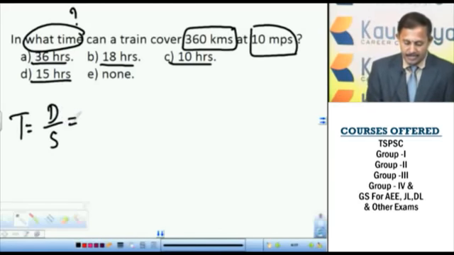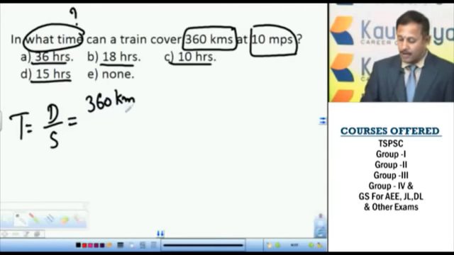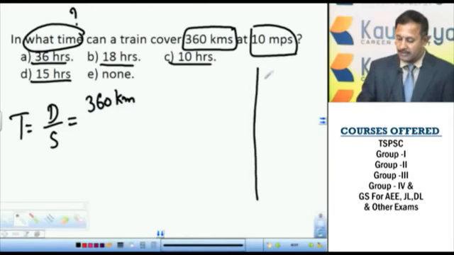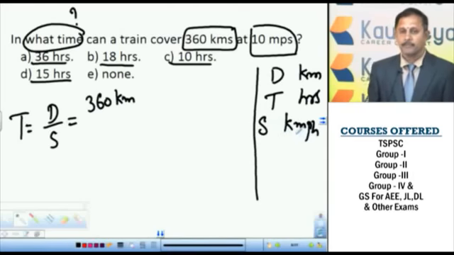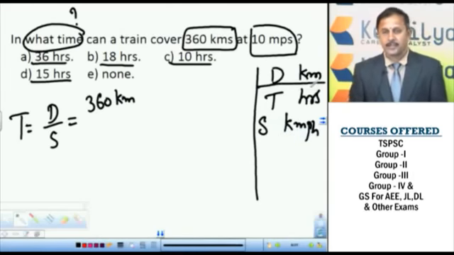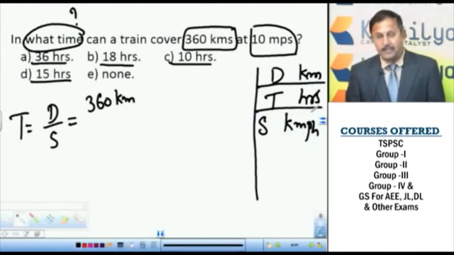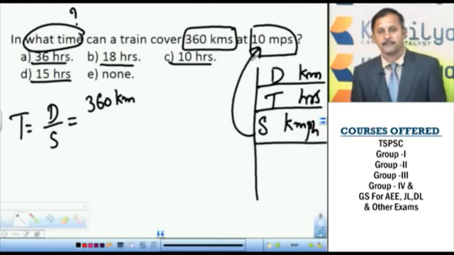Here the distance is given as 360 kilometers, but what you have to recollect is the distance is given in kilometers, the time period is required in hours, therefore the speed must be in kilometer per hour. In the data the speed is given in meters per second.